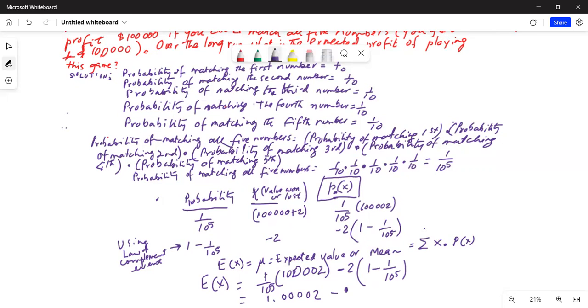So what did I do inside the parenthesis? 1 minus 1, and then the exponent. So this basically becomes 1 minus 1 exponent minus 5 times 2. Okay, and creating a little bit more space.